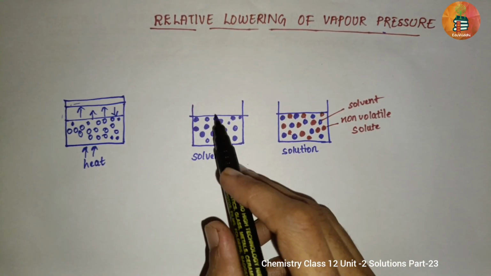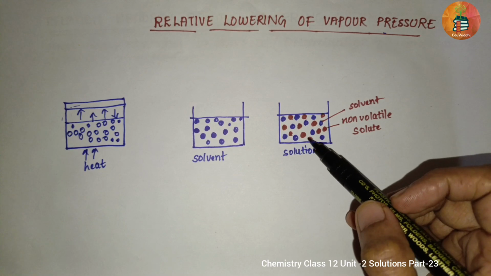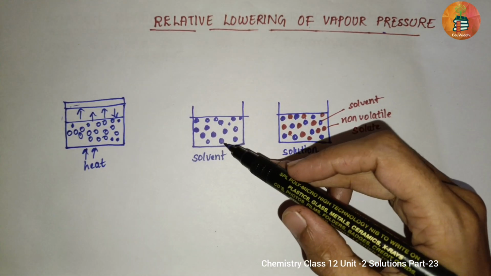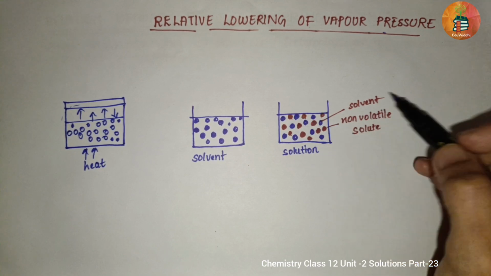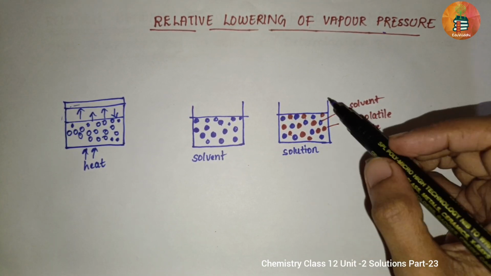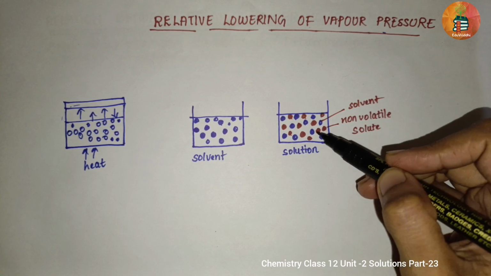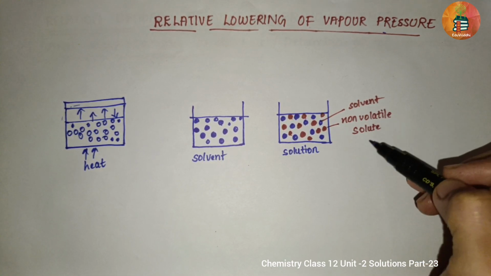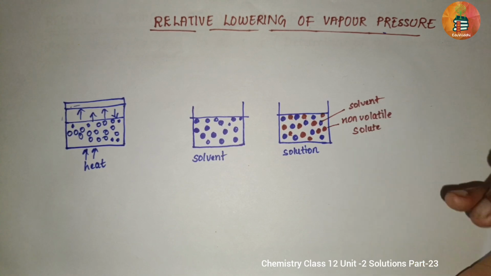So this is the beaker which contains only solvent, and we are going to take one non-volatile solute and add it into this solvent. Now when you add solute into solvent, we will get a solution. I have represented the solvent molecules using blue color and the solute particles using red color.